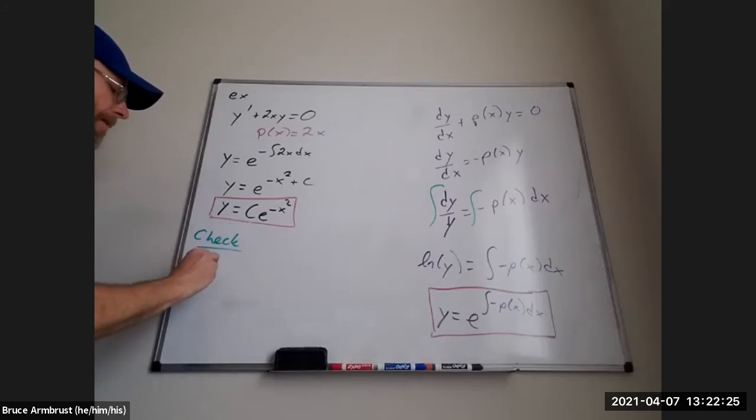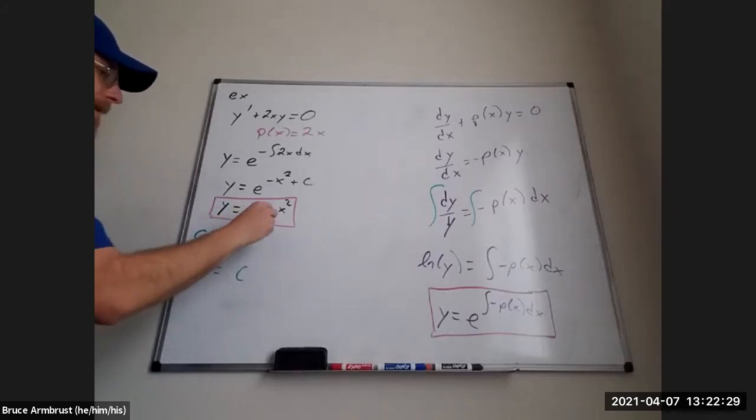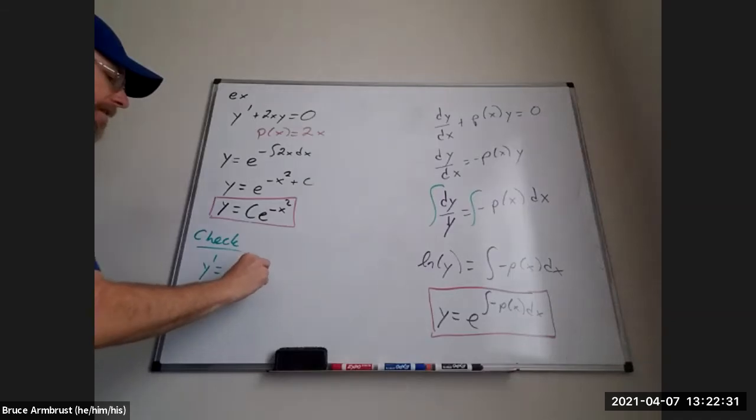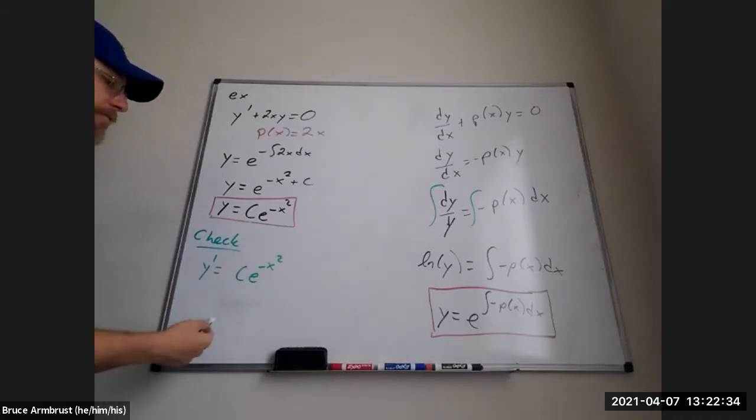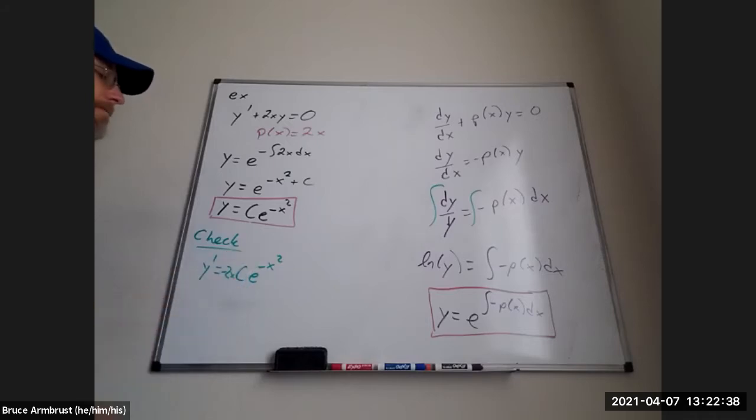So let's see what y prime looks like. Well, the c is a constant multiple. E to the minus x squared, you're going to get e to the minus x squared. The chain rule, you're going to get a minus 2x. We get minus 2xc, e to the minus x squared.